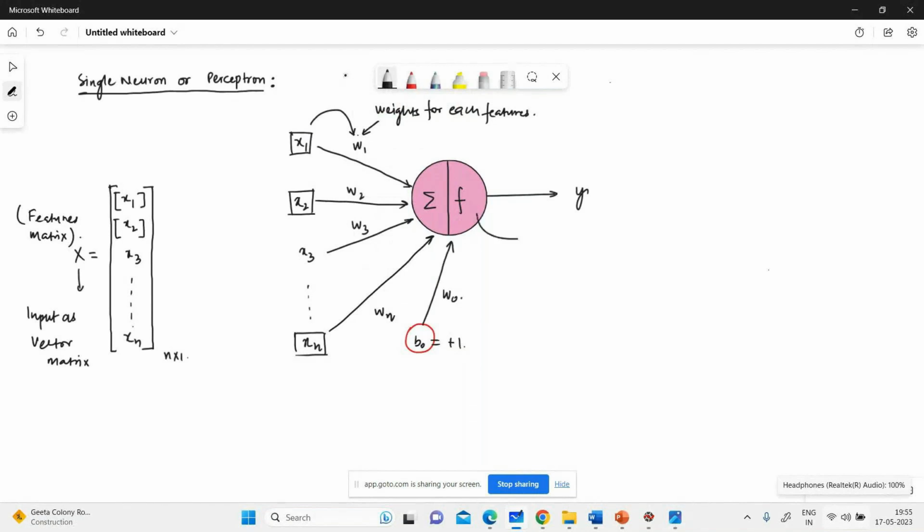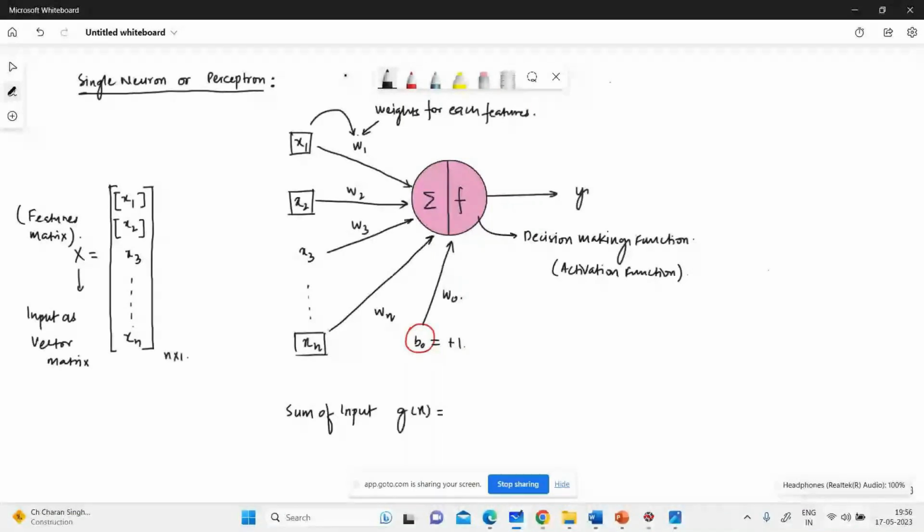What is F? F here is your decision making function, or you can also call it the activation function. Let's combine this and get the sum of input first. The sum of input is g of x, and g of x is given by the sum from i equals 1 to n of xi dot wi plus b naught, that is w naught.